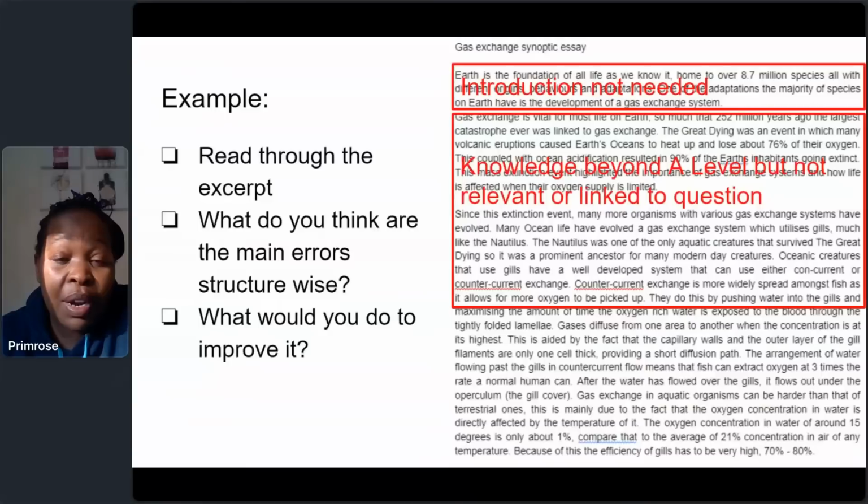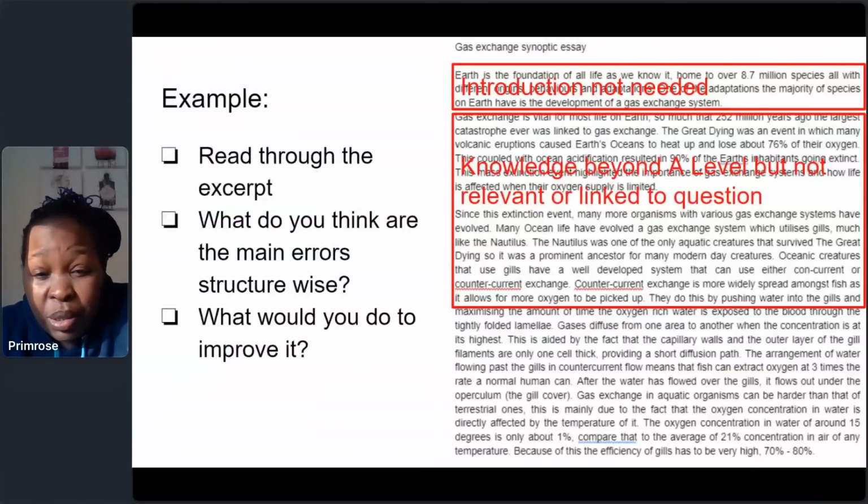They could have talked about a lot more processes. They could have gone into the actual meat of the essay before giving any of these examples. The last half of this excerpt is actually where they start talking about gas exchange. Again, there's very little application, but they have talked about importance for diffusion.